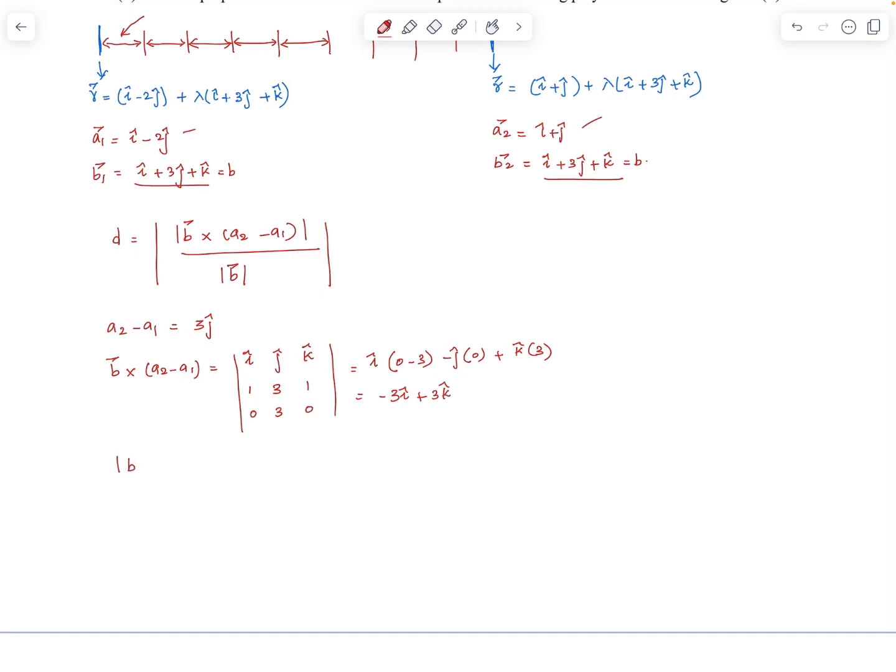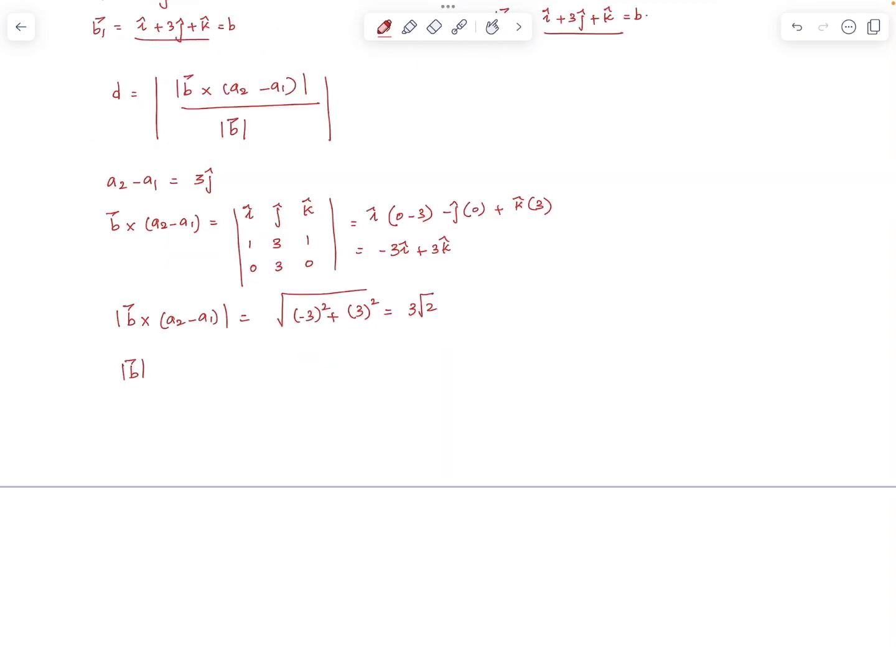Then magnitude of this cross product is square root of (minus 3) square plus 3 square, which is 3 root 2. Magnitude of B vector is square root of 1 square plus 3 square plus 1 square, which is root 11.